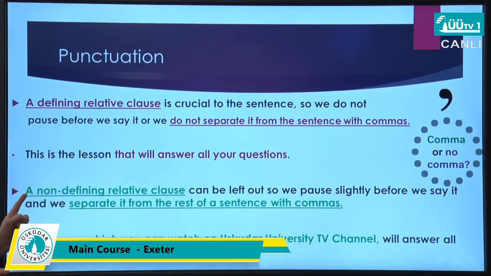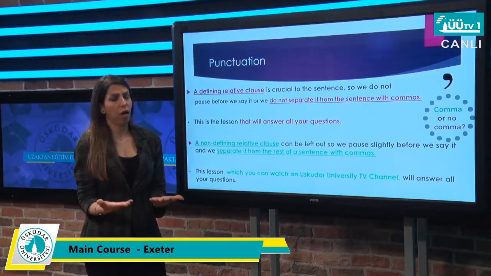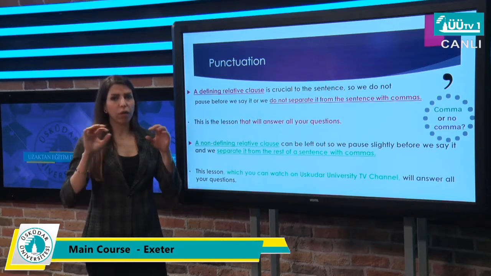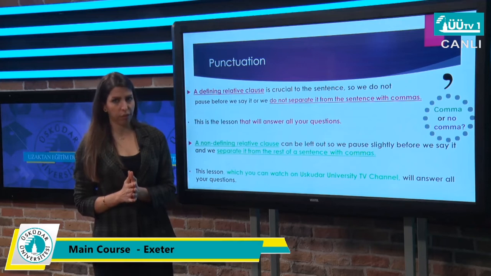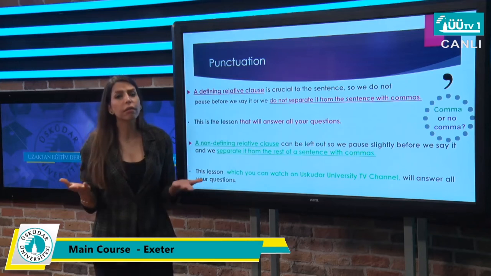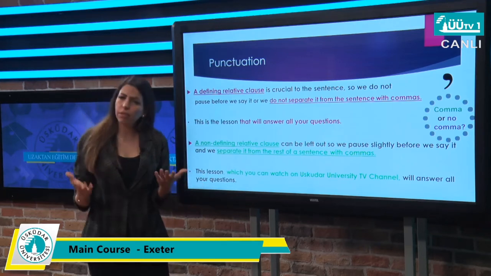On the other hand, a non-defining relative clause, separate it from the rest of the sentence because it is extra. So by using comma, we separate that extra part from the rest of the sentence, okay? In this case, we show that this is extra. It is not necessary.